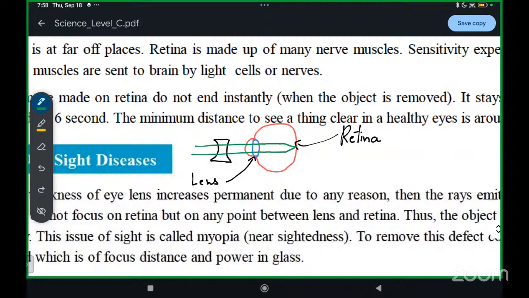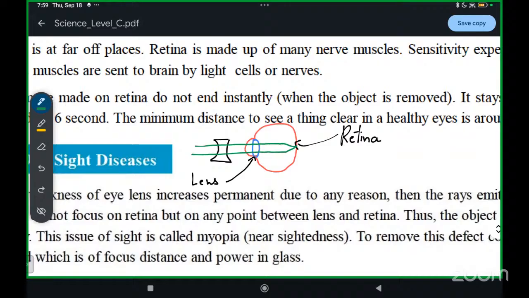This is the correction for myopia. Understood? Understood or not? Okay.